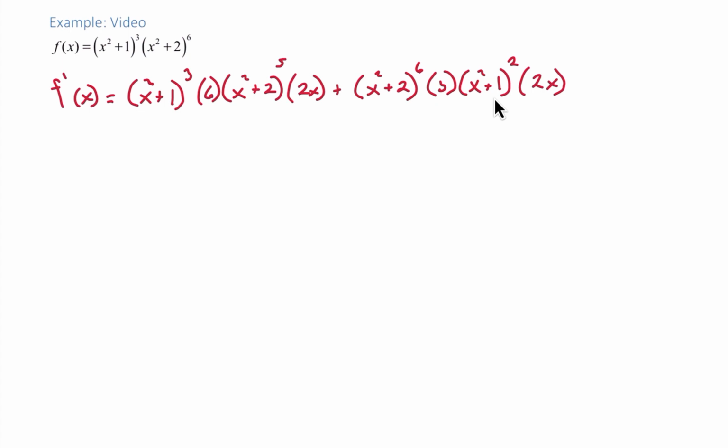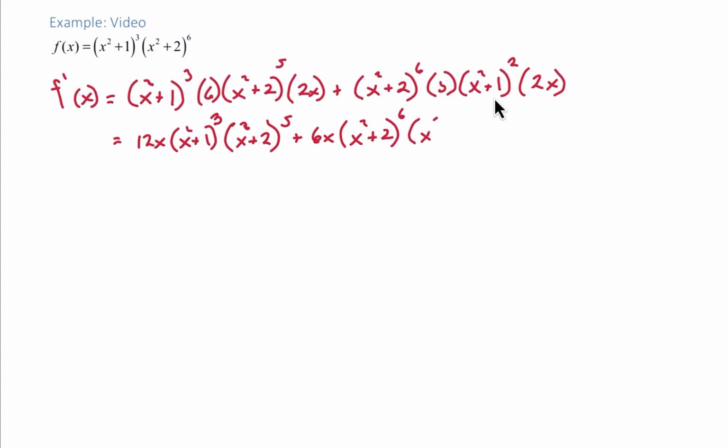From here, we'll go through and simplify. 12x times x squared plus 1 cubed times x squared plus 2 to the 5th plus 6x times x squared plus 2 to the 6th times x squared plus 1 squared.